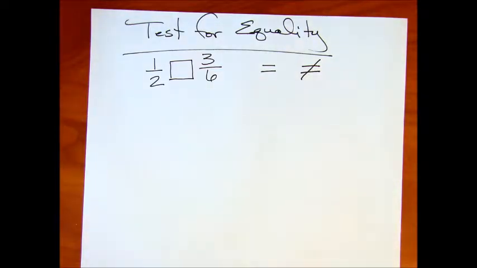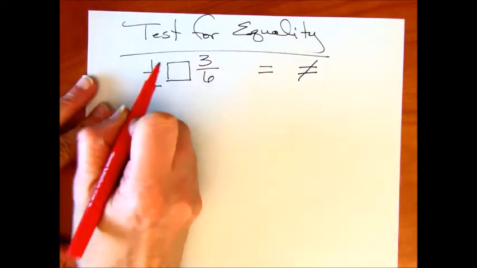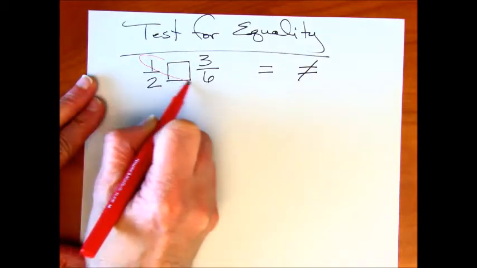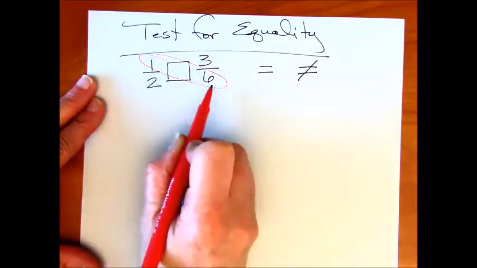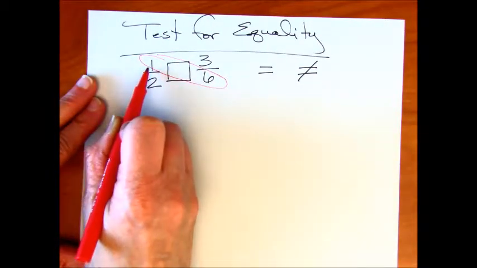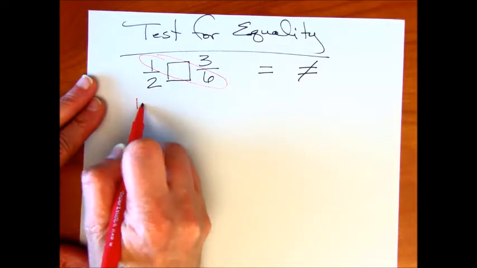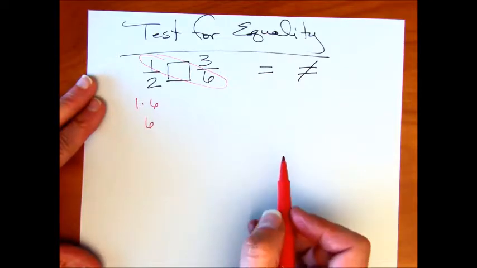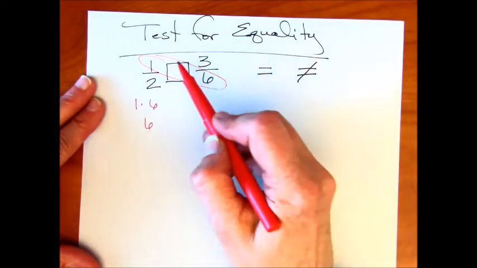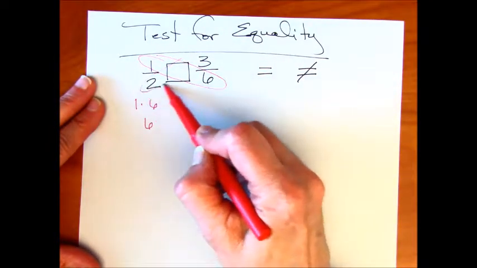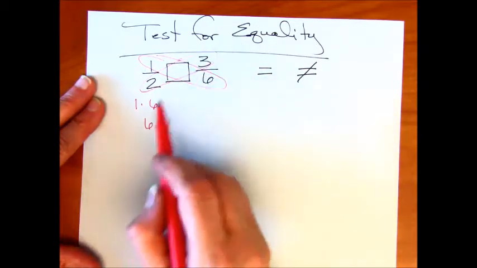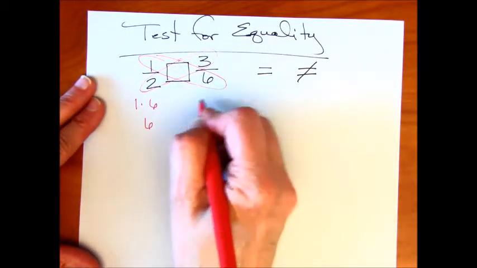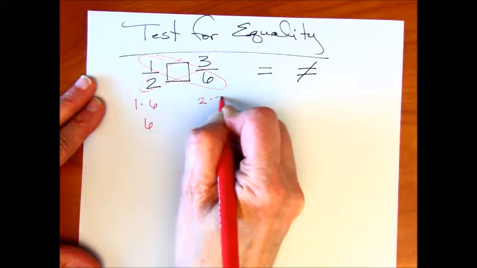So for instance, I'm going to take this 1 and multiply it to this term here. So 1 times 6, that's going to give me 6. And then I'm going to do a cross product of these two terms. See how I'm going diagonally? So over here I'm going to put 2 times 3.